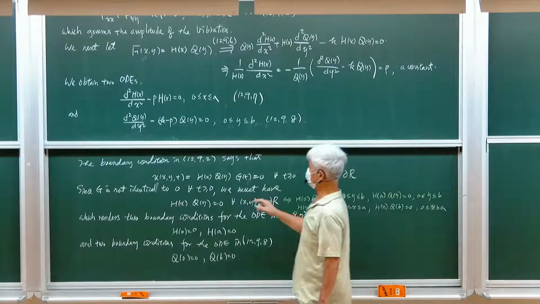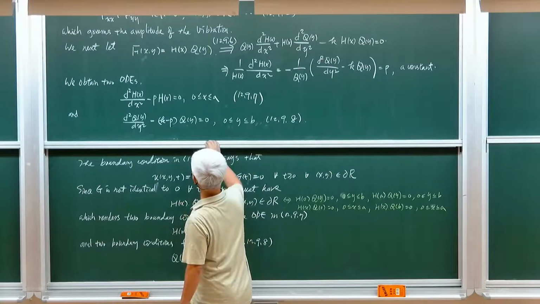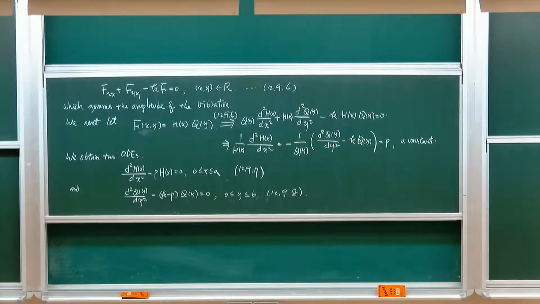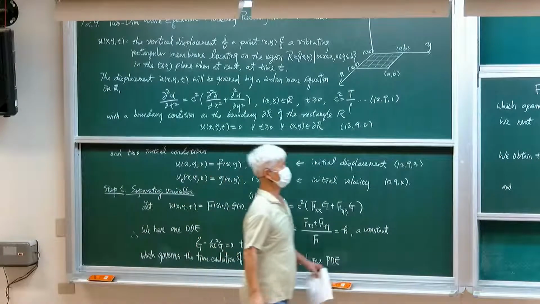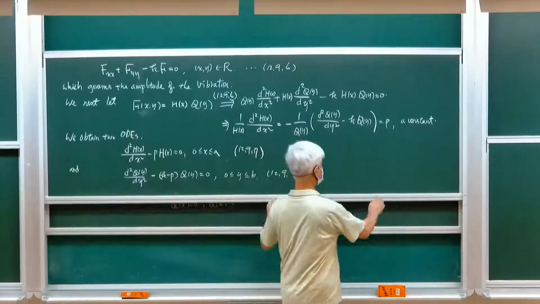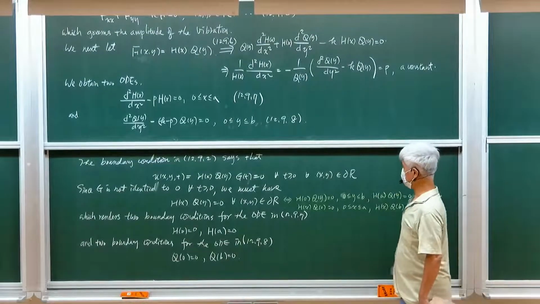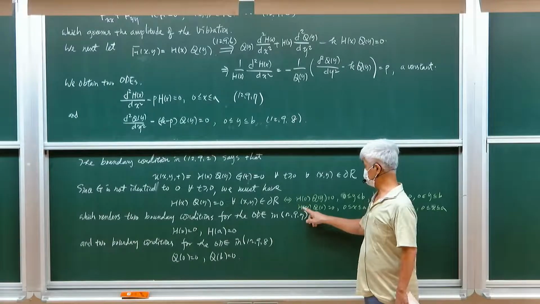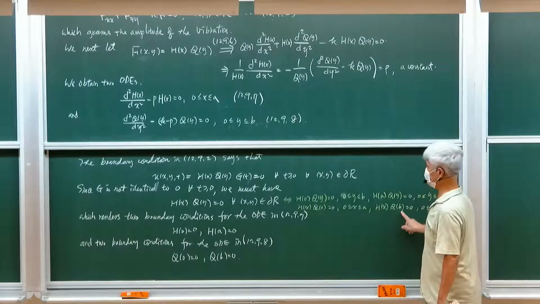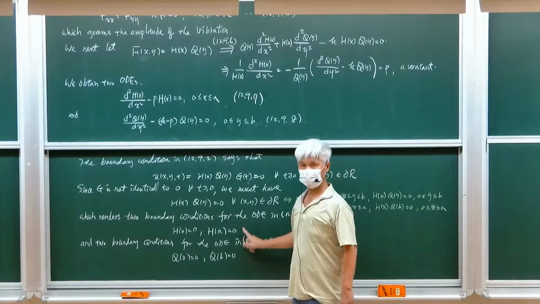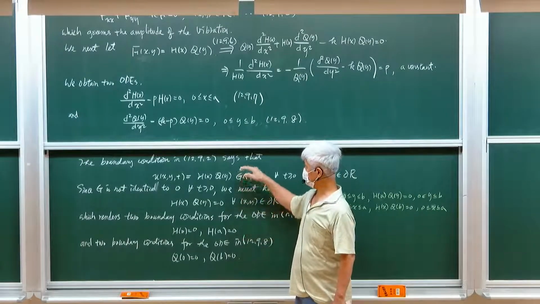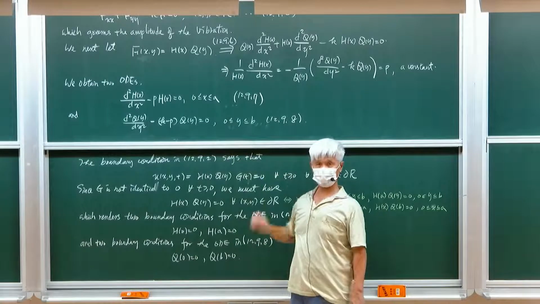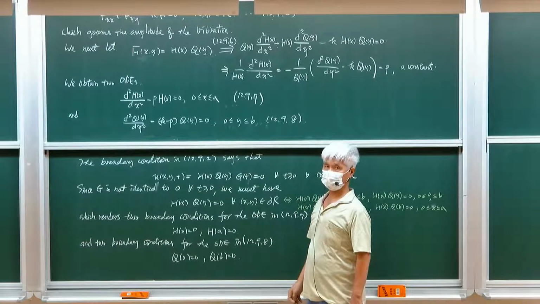Otherwise, when h(x) is 0, then f(x, y) is 0, and then u is 0, which is trivial. So you can find some x such that h(x) is non-zero, and with that value, q(0) is 0 and q(b) is 0 too. So we have two boundary conditions for this ODE and two for this ODE too.